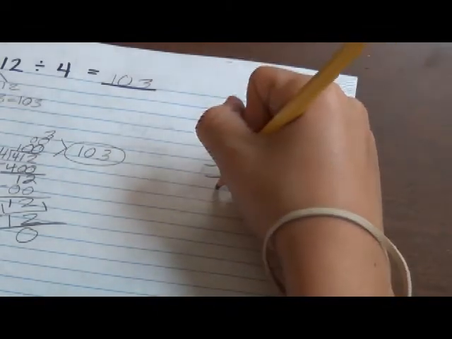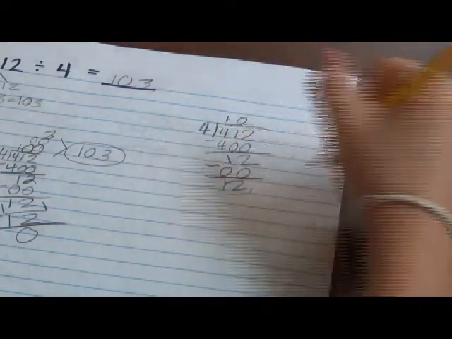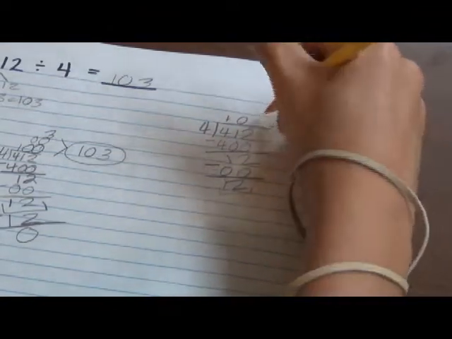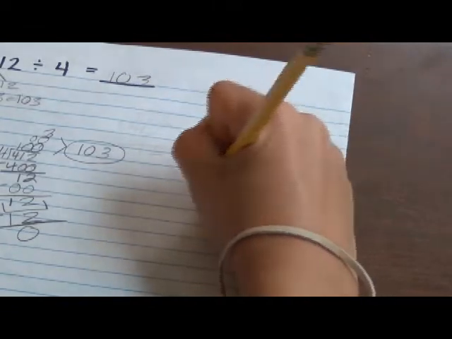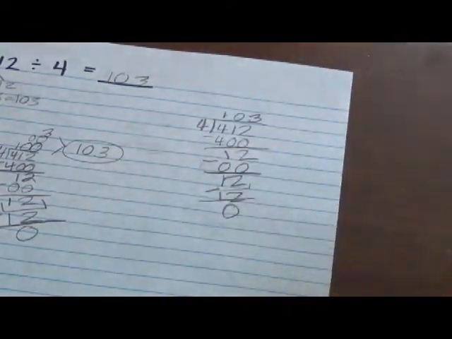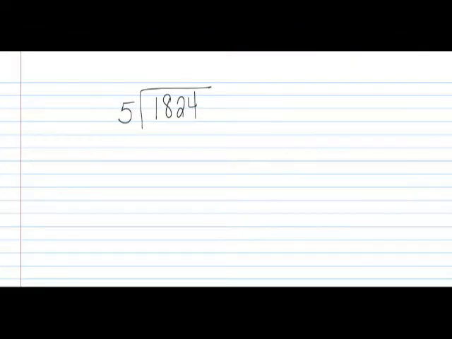And then you go to your ones, so 12 divided by 4, you get 3, and 3 times 4 equals 12, and you subtract and you get 0.